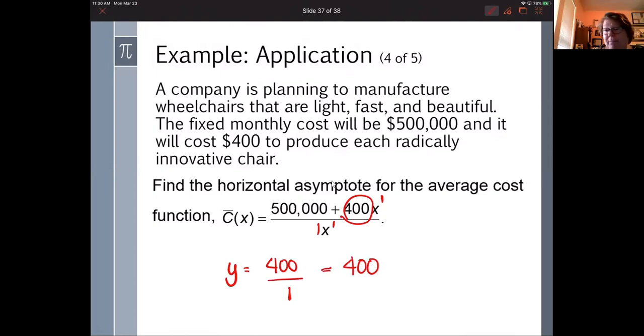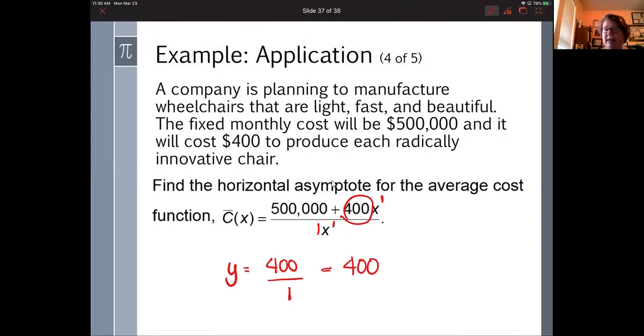So what's happening here? If we were to graph this, which you could, you'd have to really change the window on your calculator. But if we were to graph this, we would see that as x increases without bound, the value of our function approaches 400. So the average cost to manufacture wheelchairs would approach $400 a piece. Now what happens here is that the 500,000 becomes negligible.